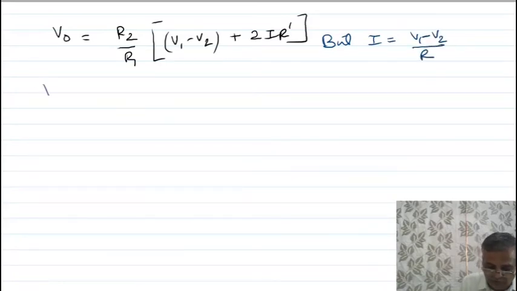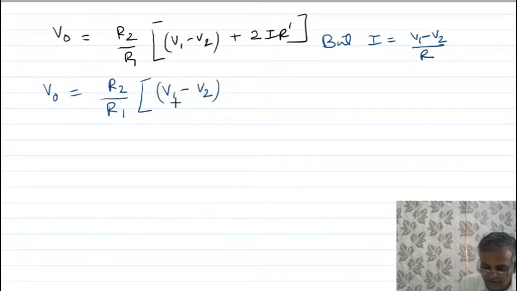So if I put this value here, my equation of the output for an instrumentation amplifier using 3 operational amplifiers will be as follows. So I am writing this value.